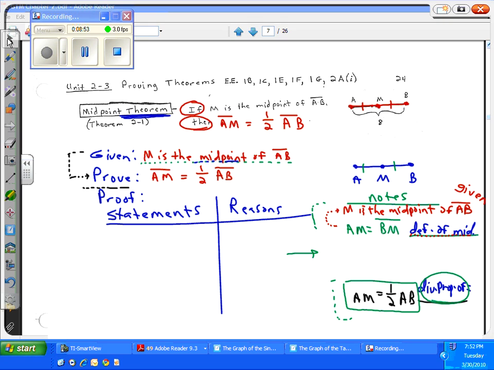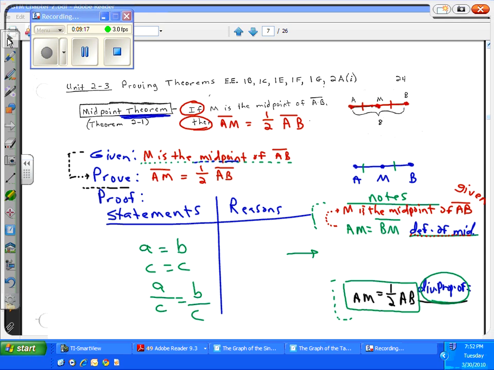Now, remember, division property of equality is 3 steps. If A equals B, then A divided by C is equal to B divided by C. And so then we would need a statement that says C equals C, you see. That sounded kind of weird, but anyway.